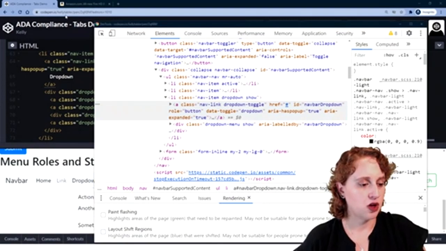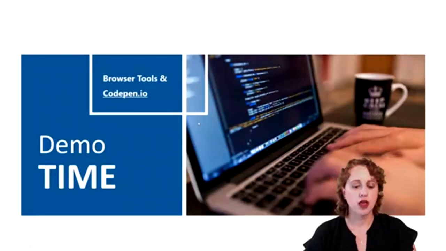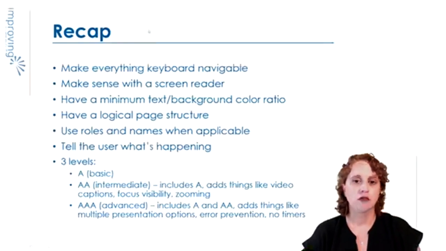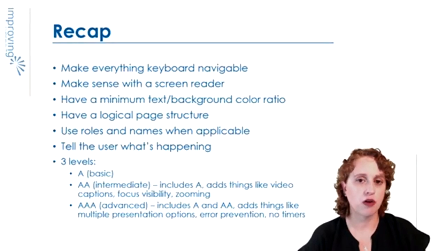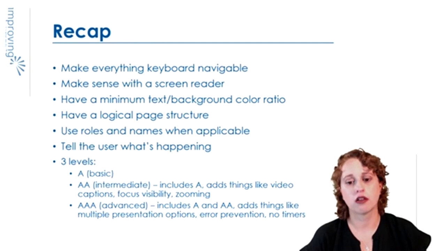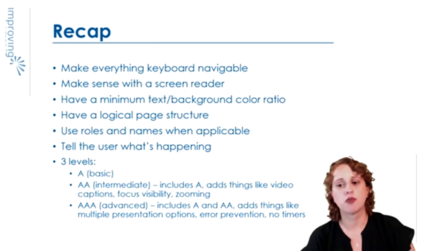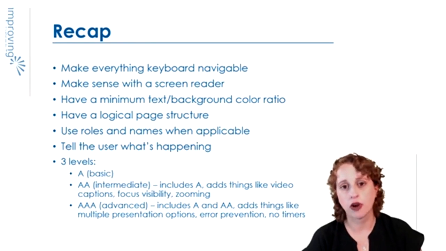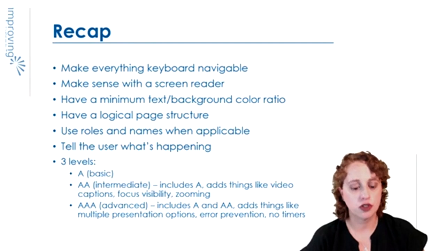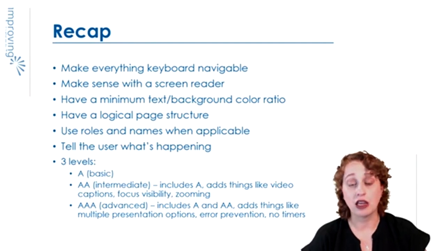All right, I'm going to switch back here. Now, just to recap a lot of what we've talked about, you have a standard checklist as you go through and try to make your sites accessible. First, and perhaps most important, is that everything should be keyboard navigable. This is useful to any user, really.